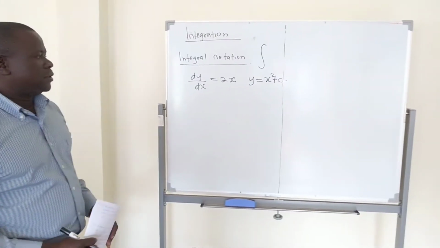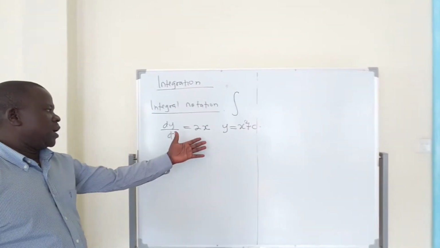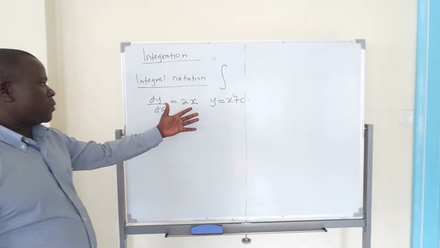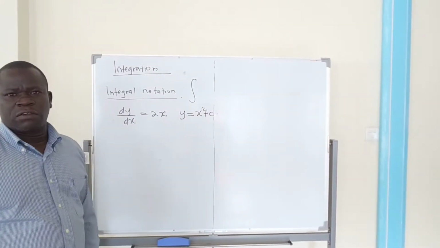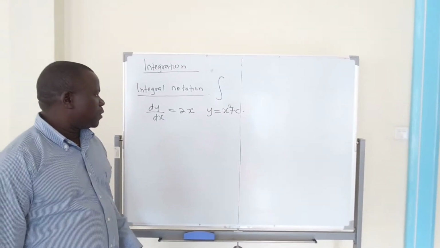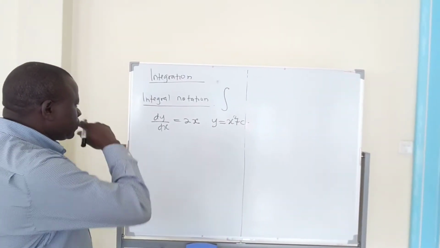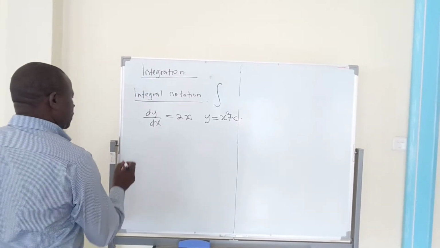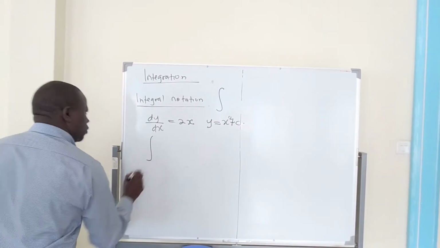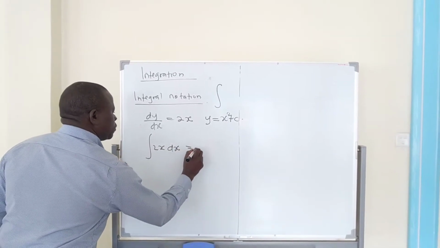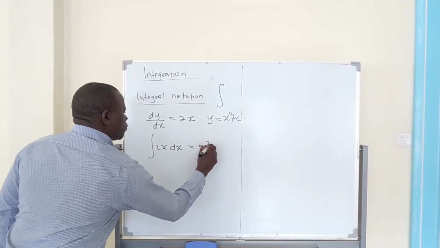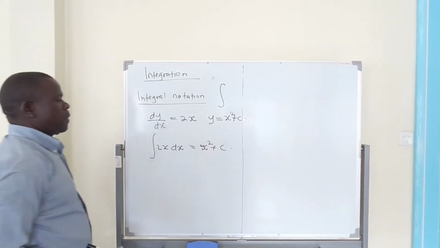That's what we've agreed: should you integrate any function, you must put a constant, which we call the constant of integration, an arbitrary constant, right? Now, that therefore means I will say the integral of 2x dx is equal to x squared plus c.